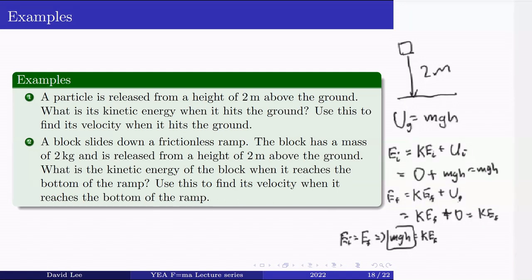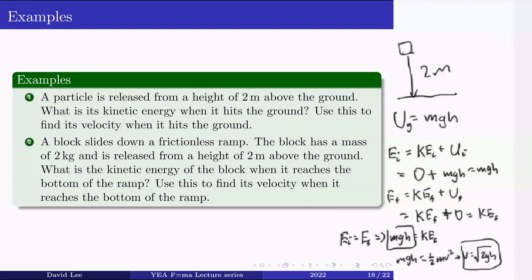And to find its velocity, we've done this before. mgh is 1/2 mv squared, so our final velocity is square root 2gh. And you can see that this is the same result that we would have gotten if we used our kinematics formulas, but this is actually quite a bit faster and less calculation.